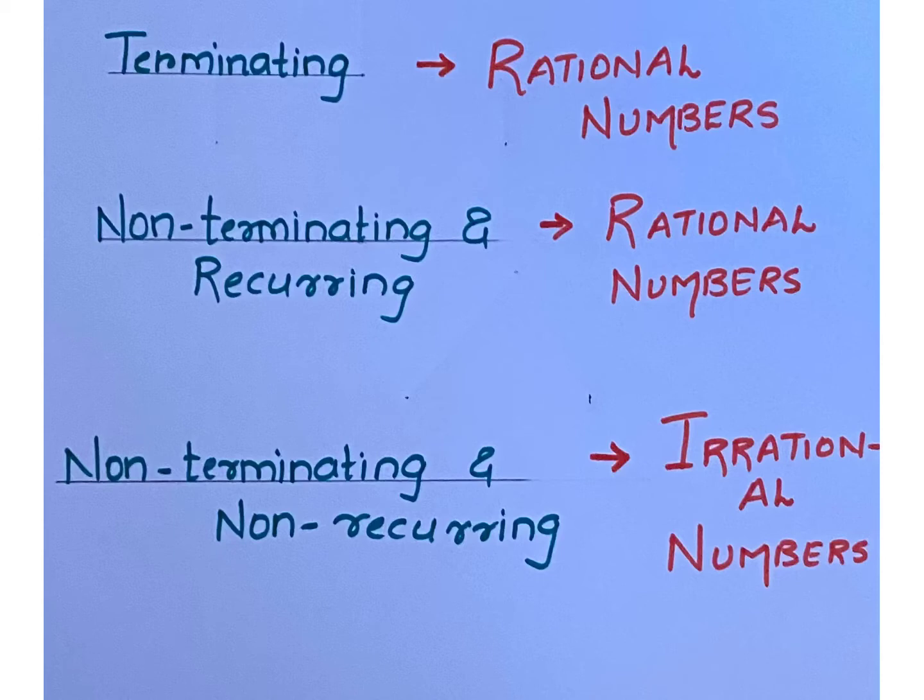But if it is non-terminating and non-recurring, that is, the division does not end and the digits are also not repeated, it comes under the category known as irrational numbers. So irrational numbers are non-terminating and non-recurring decimal expressions, and generally the roots of prime numbers are irrational.